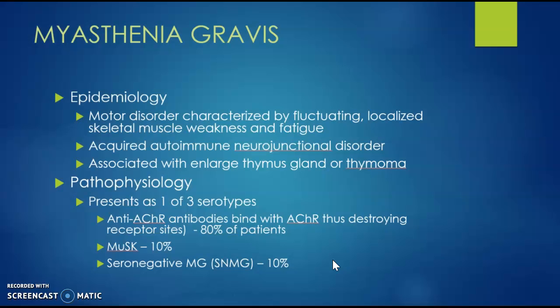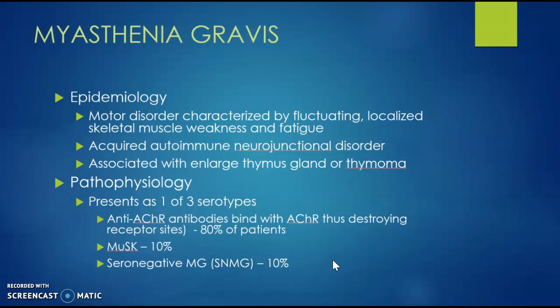It can present as one of three serotypes. In the most common one that you will most often see, there is an acetylcholine receptor antibody that binds with the receptor sites where acetylcholine would be taken up to make the nerve impulse generate and transmit.